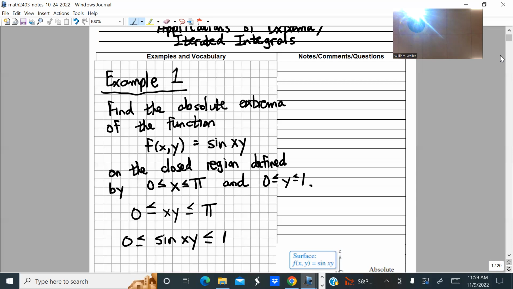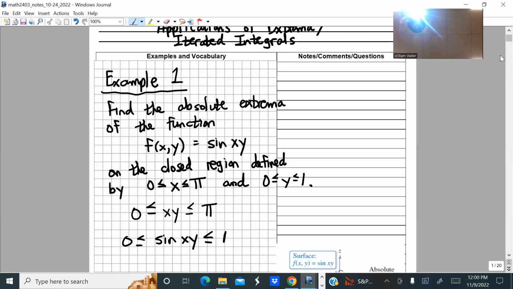Y cannot be any more than 1, and x cannot be more than pi. So the biggest this product is pi, and the smallest is 0, because maybe x is 0 or maybe y is 0. Then the product is going to be 0. So you're computing the sine of a number between 0 and pi, right?